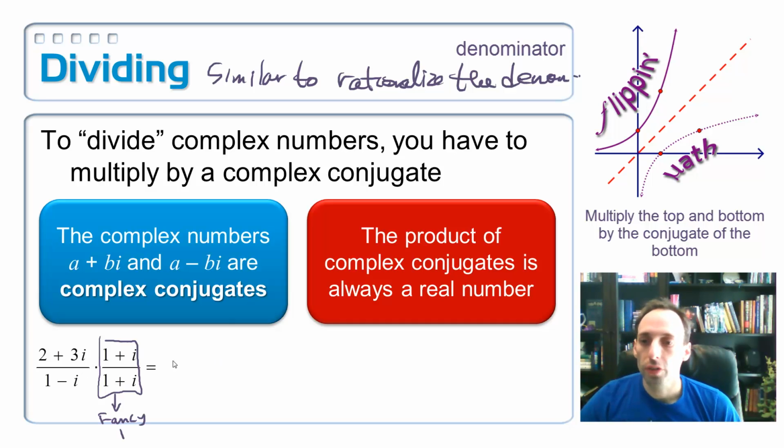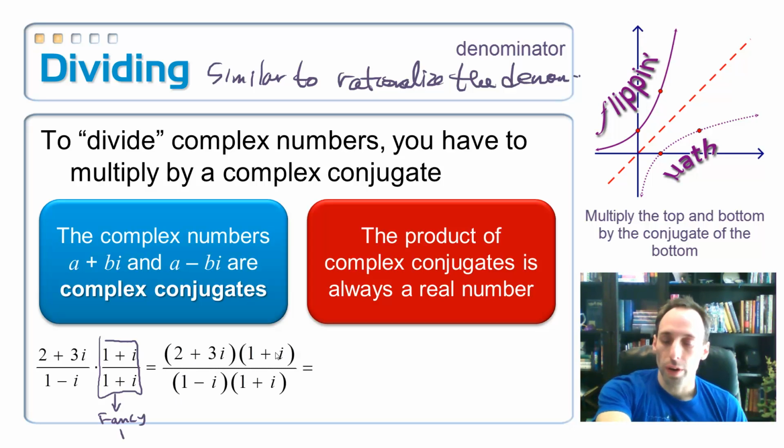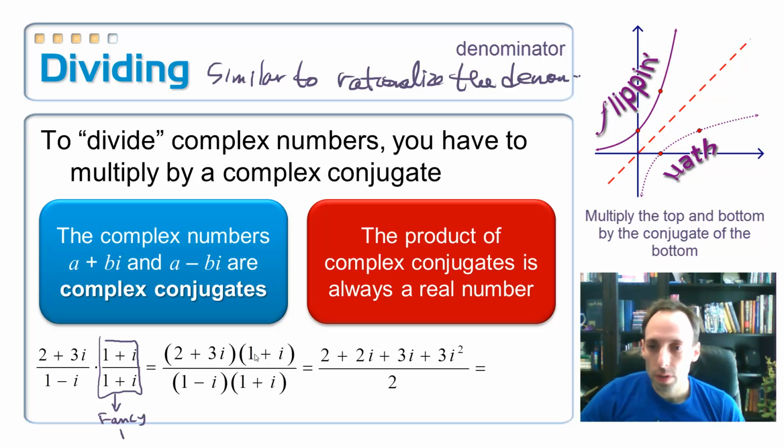Okay, so across the top we're going to have to do some foiling, and on the bottom I'm going to get a real number because those are conjugates. So whenever I go to FOIL up top, 2 times 1 gives me my 2, 2 times i, 2i, 3i times 1, 3i, 3i times i, 3i squared.